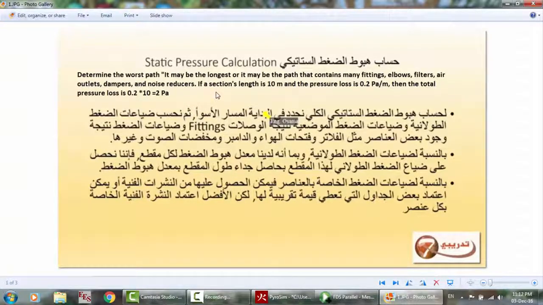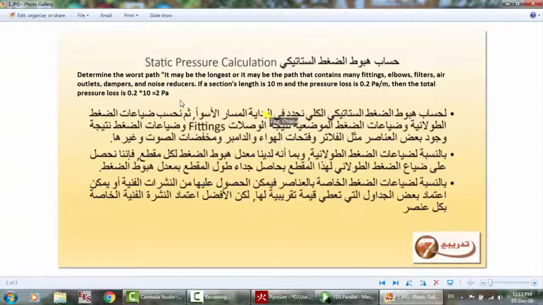So if a section's length is 10 meters, a rectangular duct, and the pressure loss is 0.2 Pascal per meter, then the total pressure is 0.2 times 10, it equals 2 pascals as static pressure loss.